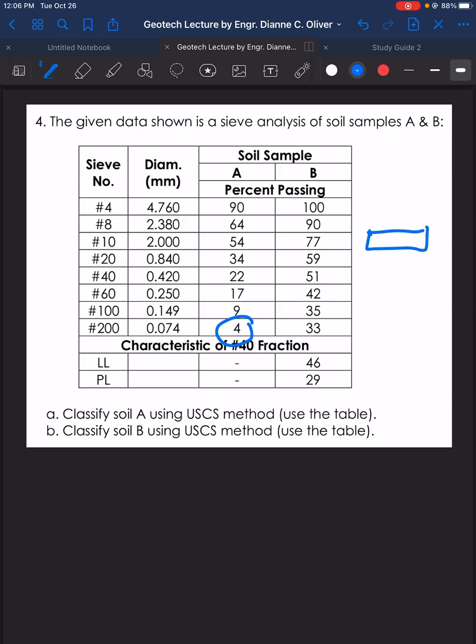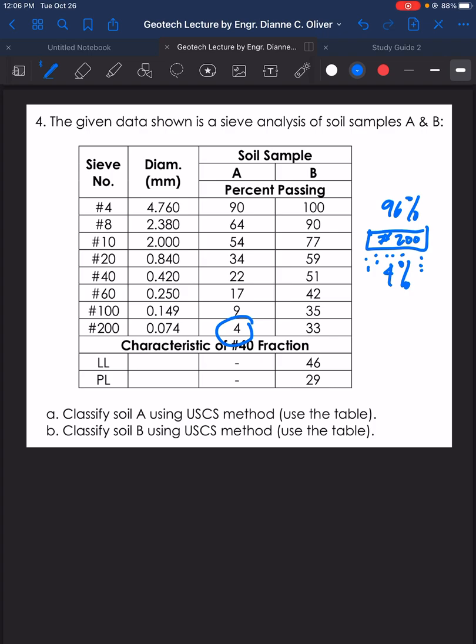So again, if this is number 200 sieve, it means 4% passed through the sieve number 200, meaning finer materials or materials that are lesser in diameter than the sieve number 200 is only 4%, meaning there is 96% retained on number 200.